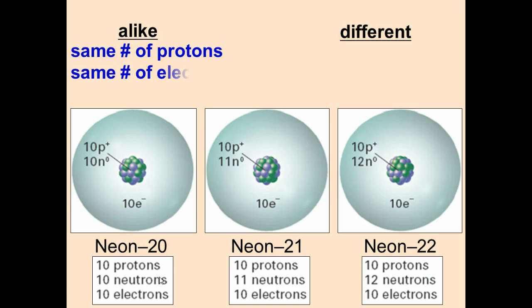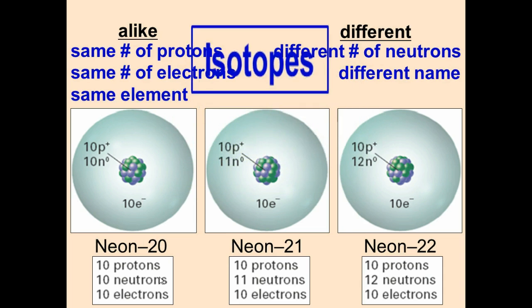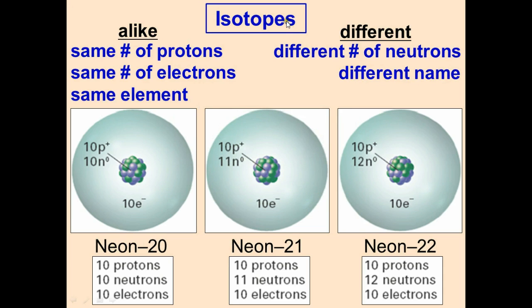And the next thing we're going to be talking about is isotopes. Isotopes are just elements with a different number of neutrons. The thing that's the same about isotopes of the same element is that they have the same number of protons, same number of electrons, and they're the same element.